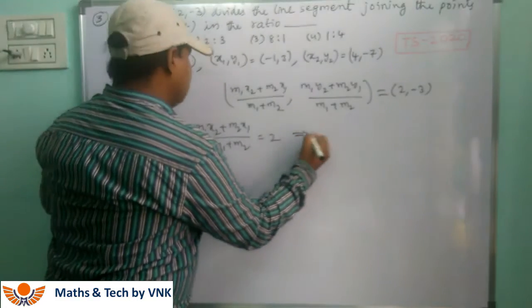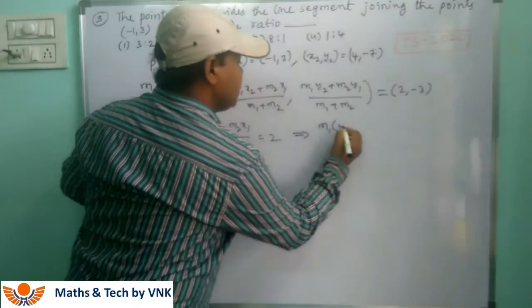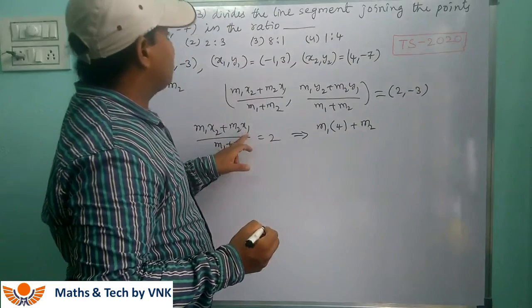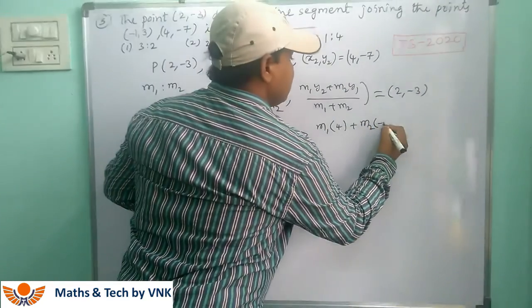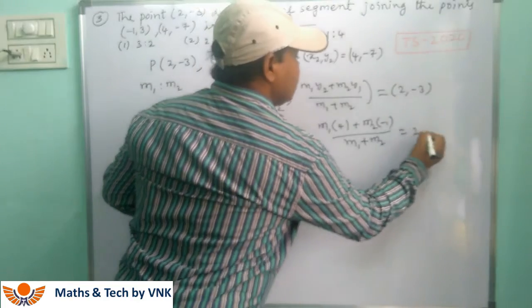So now this implies m1 into x2, x2 is 4, plus m2 into x1. So x1 is minus 1, divided by m1 plus m2 is equal to 2.